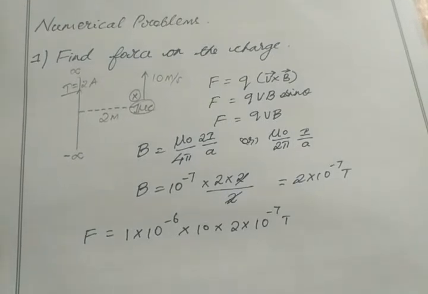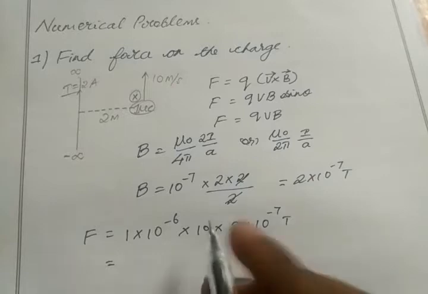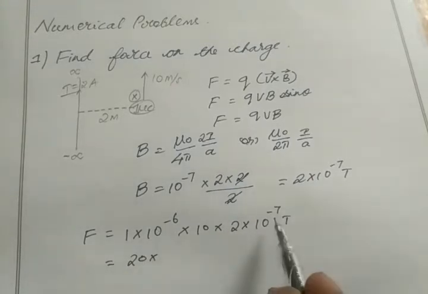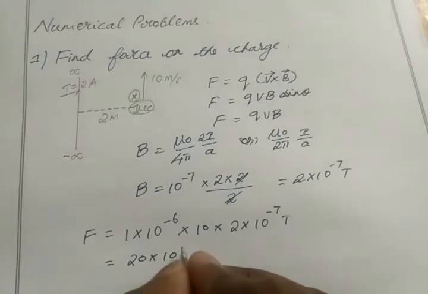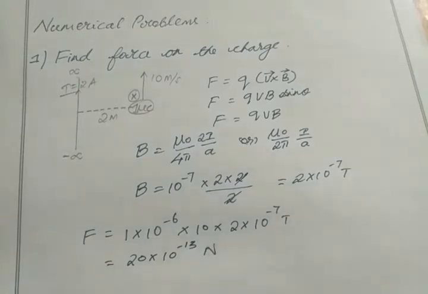So what is the final answer? 2 into 10, 20, into 10 power minus 6, 10 power minus 7, 10 power minus 13 Newton. So this is the value of the magnetic force.